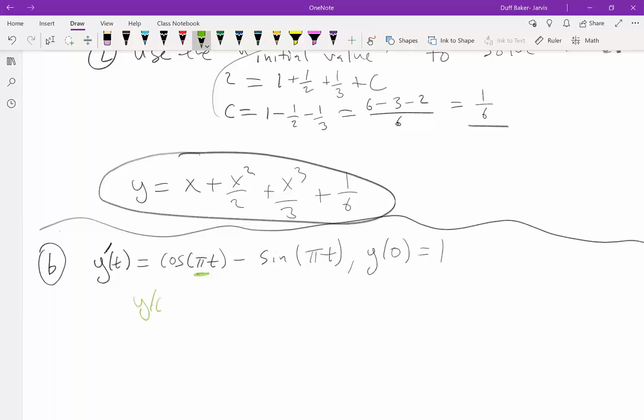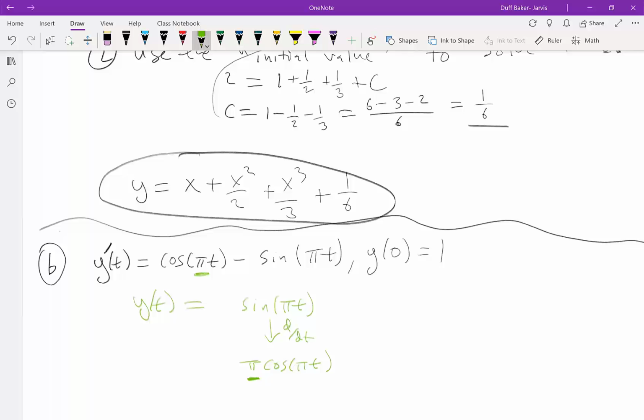So y of t here, well, we saw before that the antiderivative of cosine is sine. So we might first guess sine of pi t. But if we were to take this derivative, this would give us pi times cosine of pi t, where the pi came from the chain rule, the extra pi.